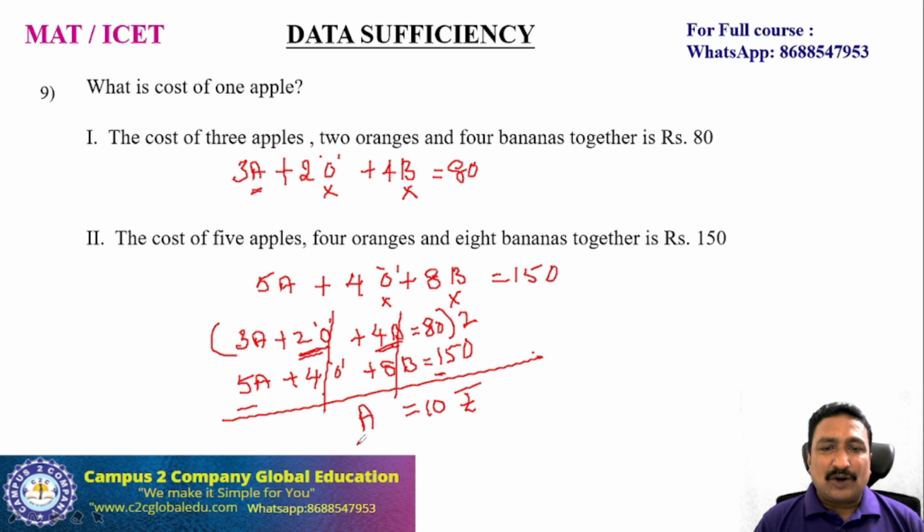So we are getting the cost of apple by combining the first statement and the second statement. So in this case, the answer is A. We'll go to the next question, friends.